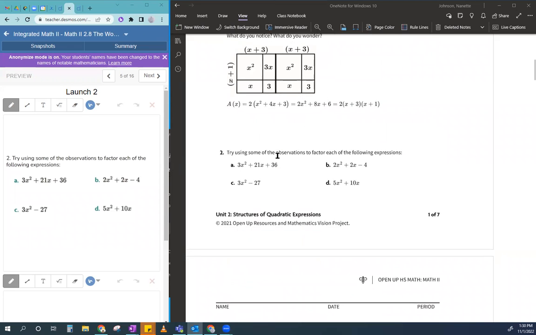Okay. So it says, try using some of the observations to factor each of the following expressions. So we're gonna understand this. So one of the things that you notice here, hey, look at this middle one right here. What do you notice about this middle expression right here? Anybody notice anything about that middle expression?